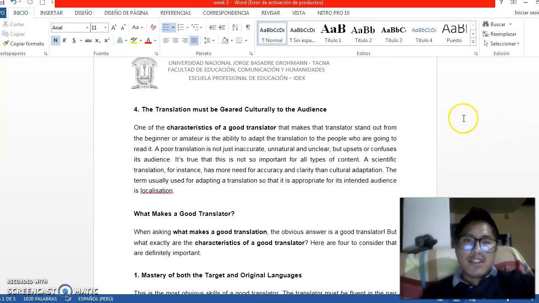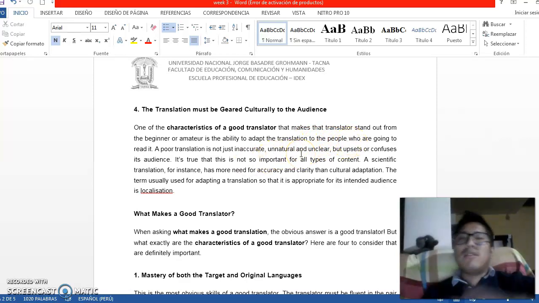Here, the translation must be geared culturally to the audience. Yes, here let's read. One of the characteristics of a good translator that makes the translator stand out from the beginner is the ability to adapt translation for the other people who are going to read it. Yes, that is exactly what I told you, no? Think about your audience.